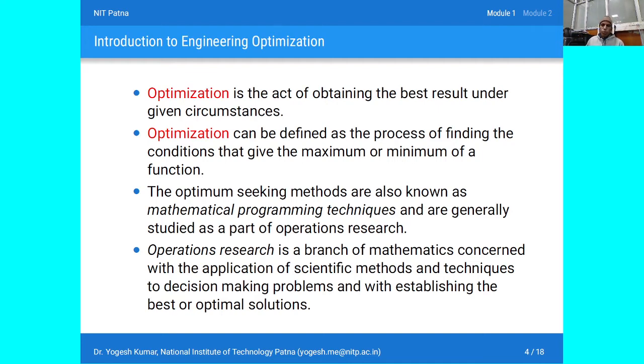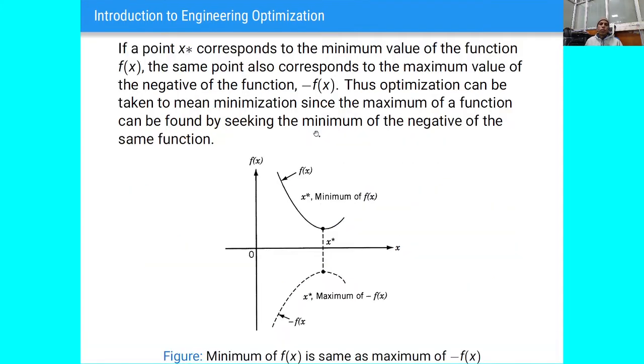So there may be a case of maximization or minimization whenever we are optimizing certain parameters based on given circumstances or conditions. This way we can understand what optimization is.